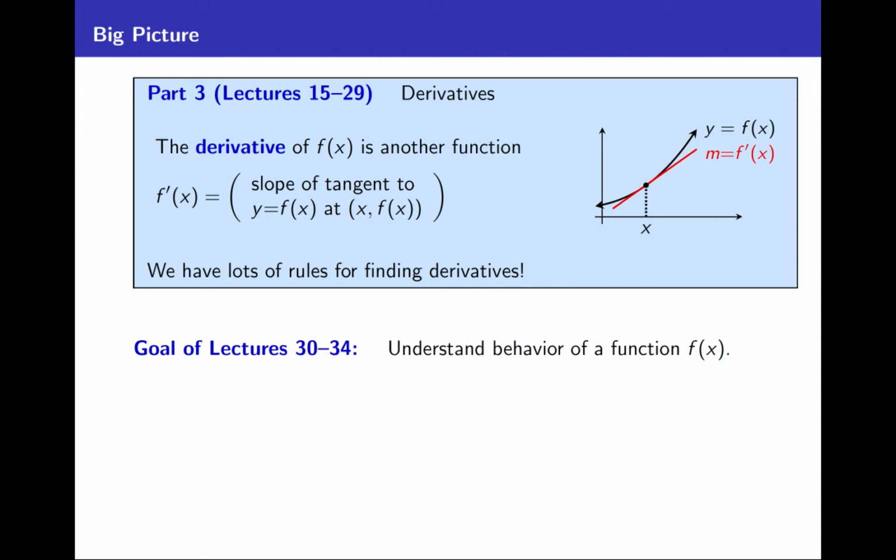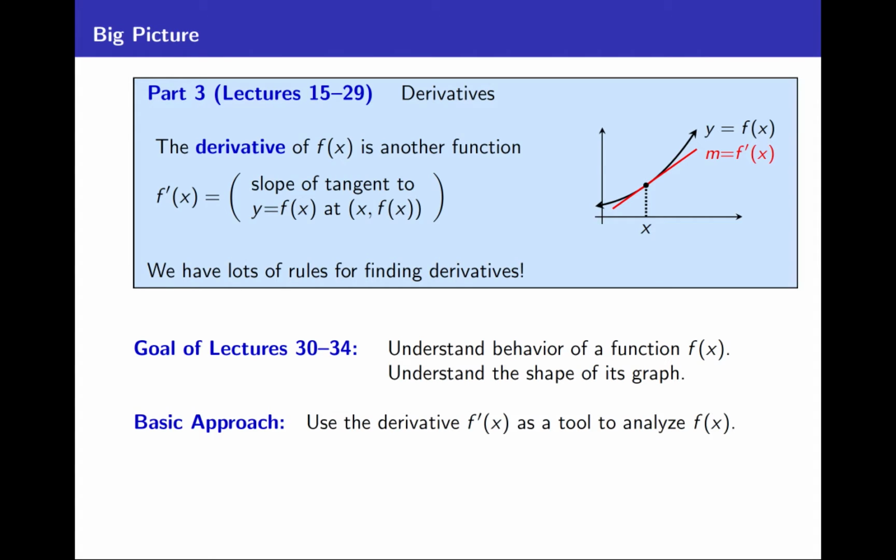The goal of lectures 30 through 34 is to understand the behavior of a function f of x, and in particular, to understand the shape of its graph. Our basic approach is going to be to use the derivative f prime of x as a tool to analyze f of x. This is a little bit of the reverse of what we've been doing up until this point.